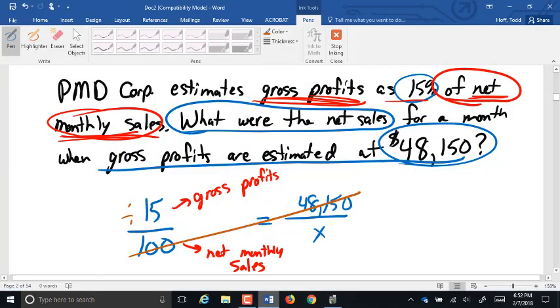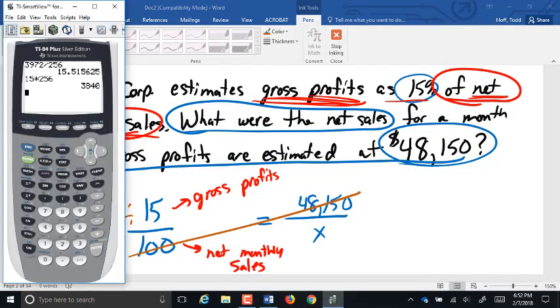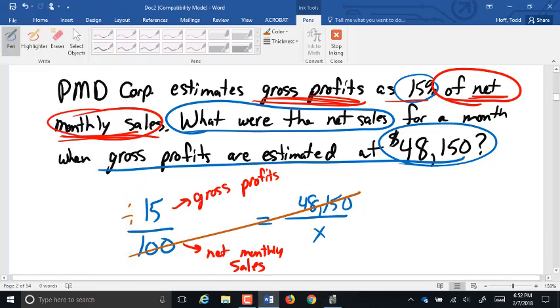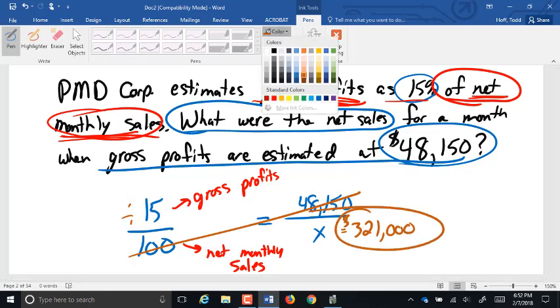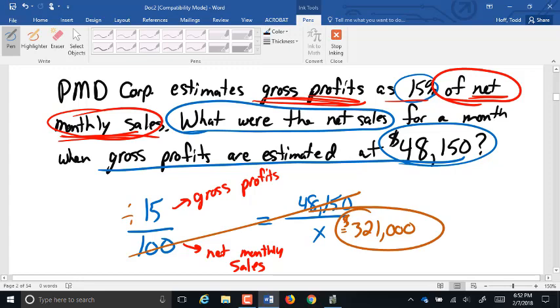So we have 48,150 times 100 divided by 50. 321,000. So the gross profit, or the net sales for that month had to be 321,000 if the estimate of gross profits was 48,150.